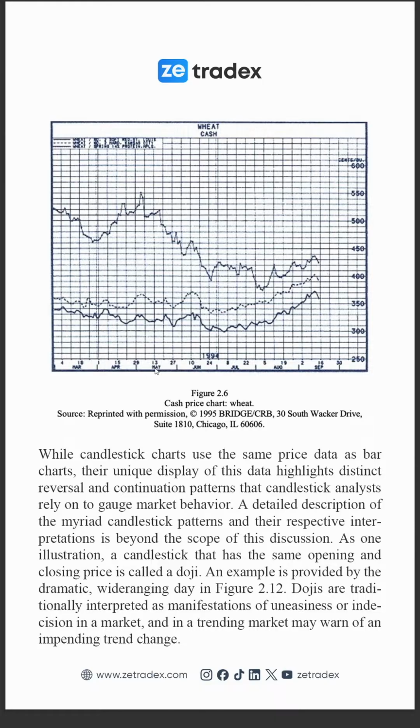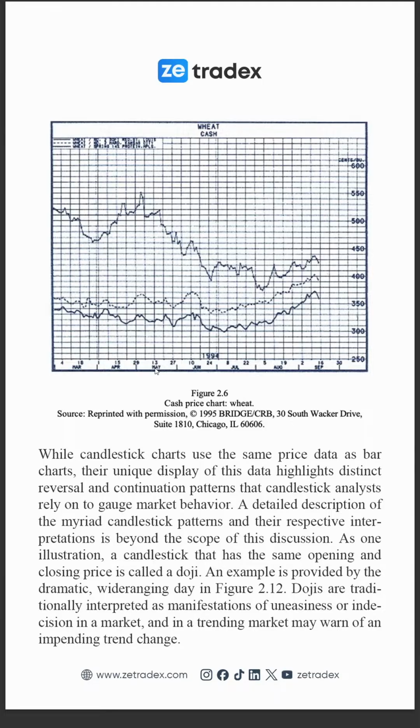Now, a detailed description of the many candle patterns and their respective interpretations is beyond the scope of this discussion. But as one illustration, a candlestick that has the same opening and closing price is of course called a doji because it's so slim. An example is provided by the dramatic wide-ranging day in figure 2.12.